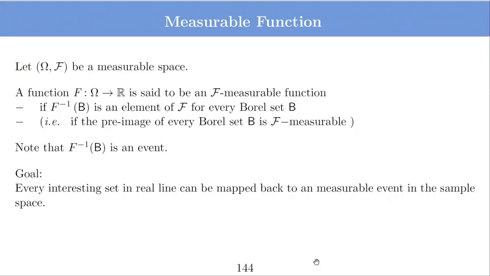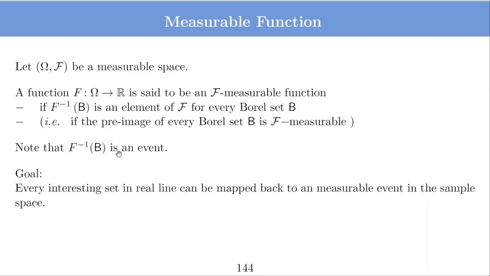So in other words, we can say if the pre-image of every Borel set B is F measurable, remember what is F measurable? That it should be in F. Then we say that function is an F measurable function. And remember, for this particular case, when capital omega is a sample space, then f inverse B is an event.